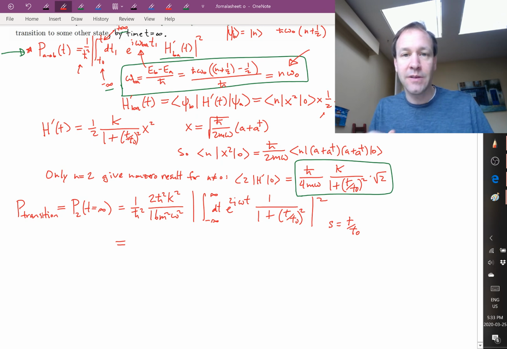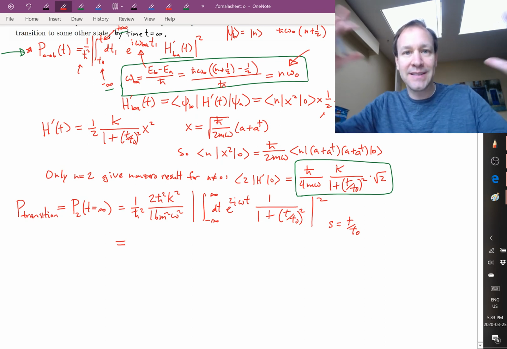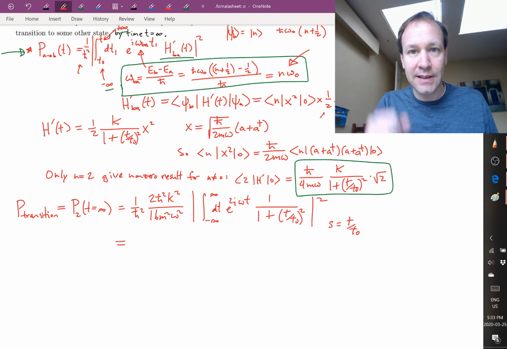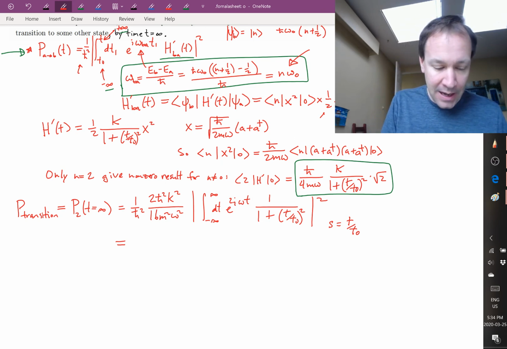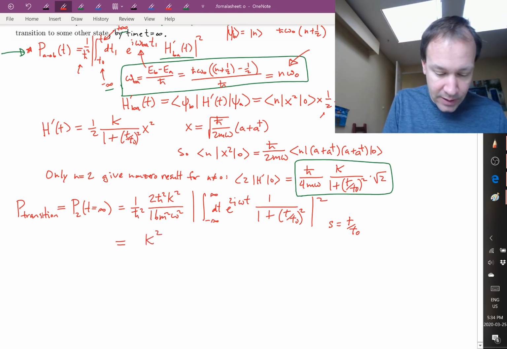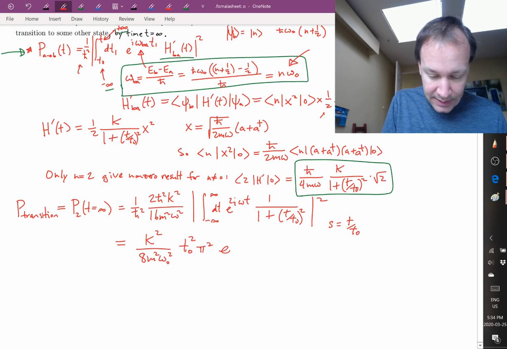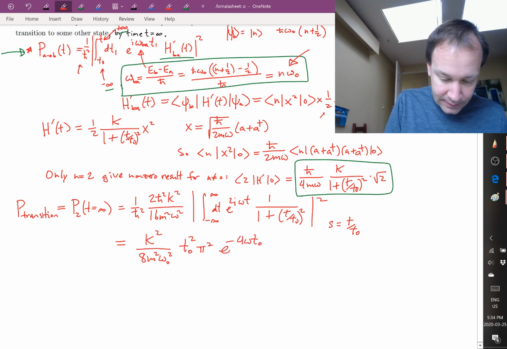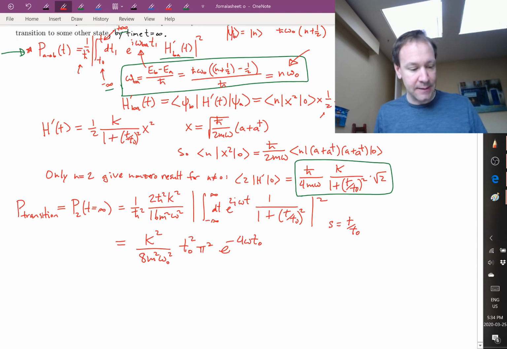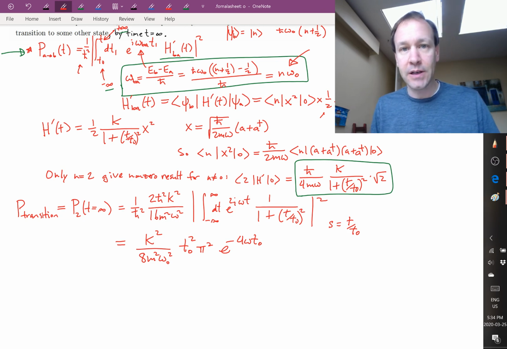If we make that substitution, then our integral turns into exactly the form of the integral that is provided on the formula sheet. And working everything out, we get k squared over 8m squared omega squared, and then we get t0 squared pi squared e to the minus 4 omega t0. And so that's going to be our answer. So that was basically part A of the question.